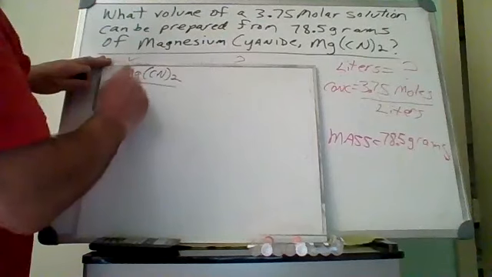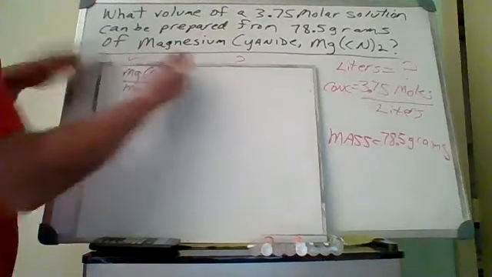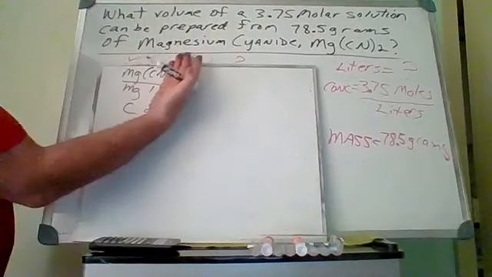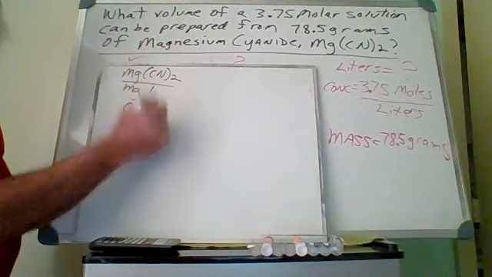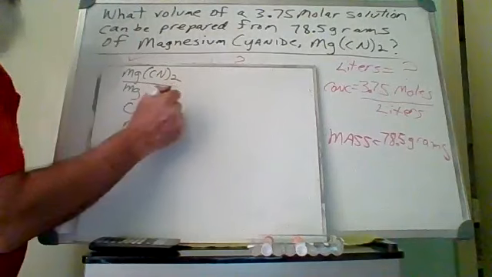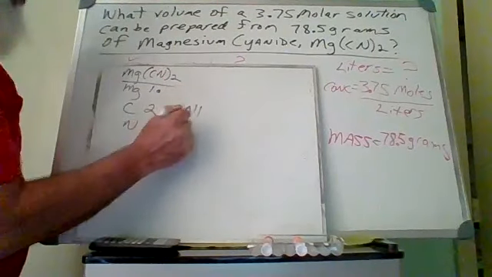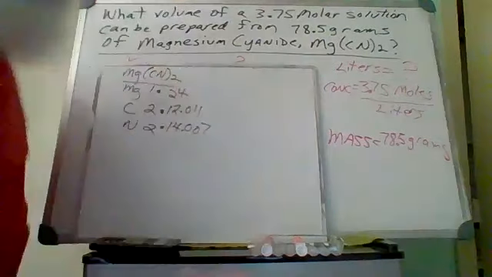So magnesium cyanide. All right, so Mg, carbon, and nitrogen. Magnesium 1, cyanide. There's one carbon times 2 is 2 carbons. One nitrogen times 2 is 2 nitrogens. All right, carbon is 12.011, nitrogen is 14.007, and this is, I think, 24.305.